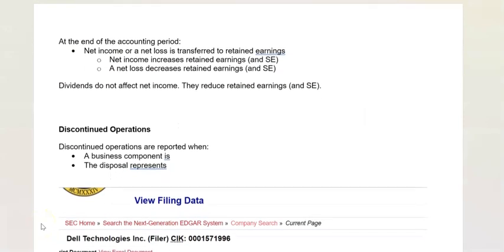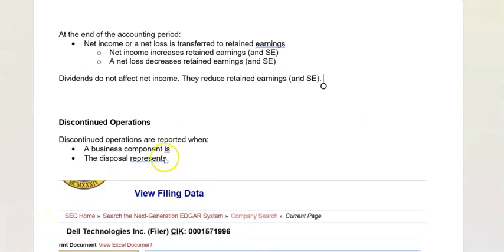Another item we might see on the income statement relates to discontinued operations. Discontinued operations are reported when a component of the business is either held for sale, the company plans to sell it, it is sold during the accounting period, or during the accounting period it's somehow disposed of or abandoned.